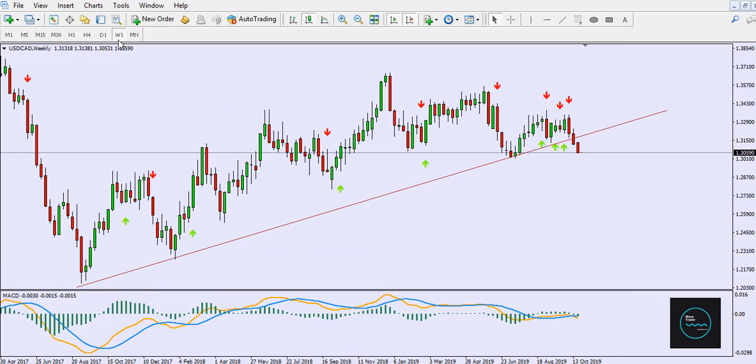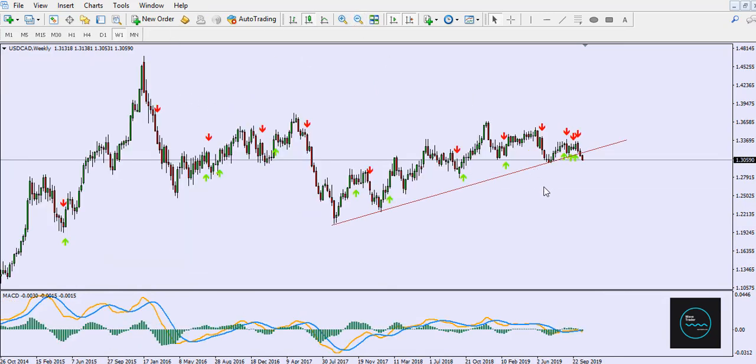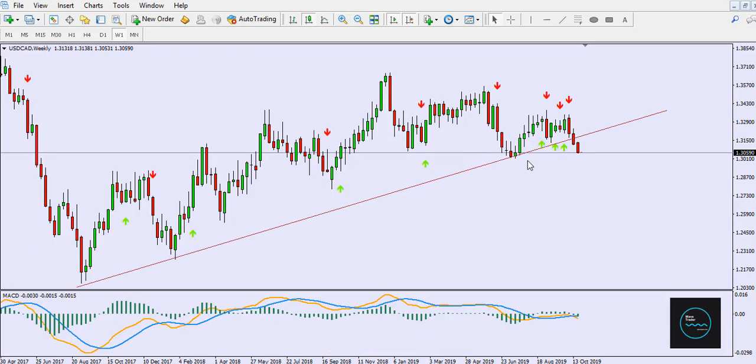Now on the weekly chart of the USD CAD, you can see that this trend line has been broken, convincingly on the weekly.